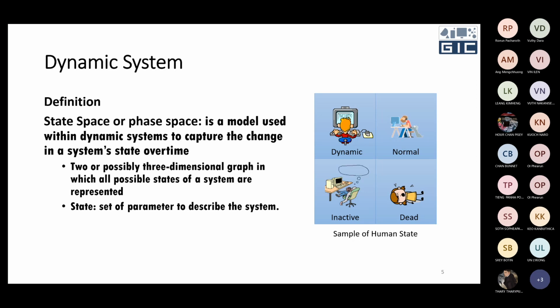So the symptoms can be represented by different states of space. For example, you have a high temperature, a low temperature, a normal temperature, you feel a headache, you feel a loss of consciousness. Those kinds of states we call state space.